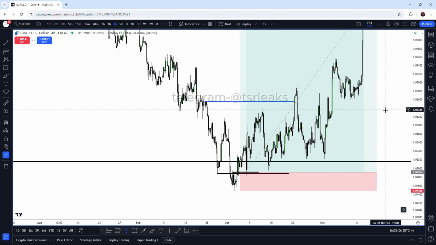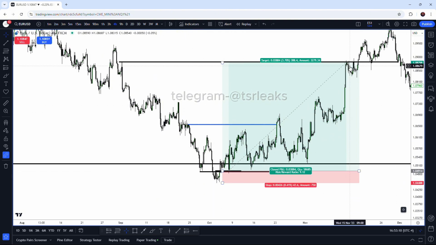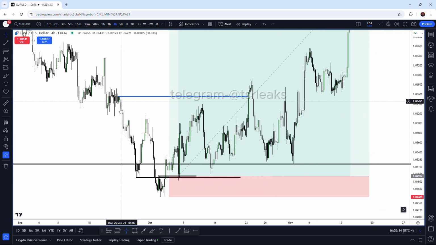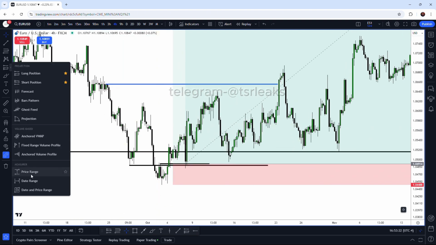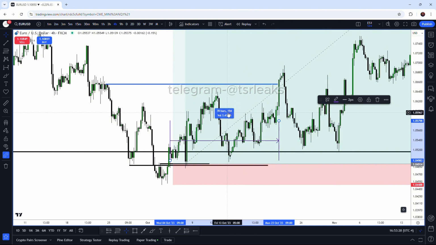Now, if you do not want to trade this entire range, monthly CRT, you can simply trade the weekly CRT. This weekly CRT in itself is a swing trade. If you would have entered right here, your full take profits would have been hit in a total of 19 days.